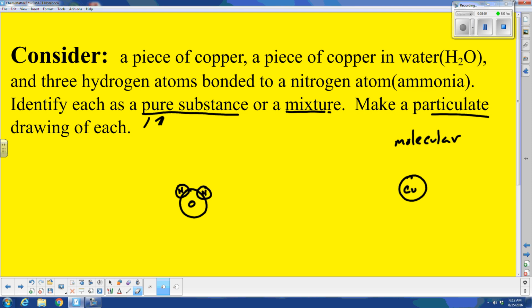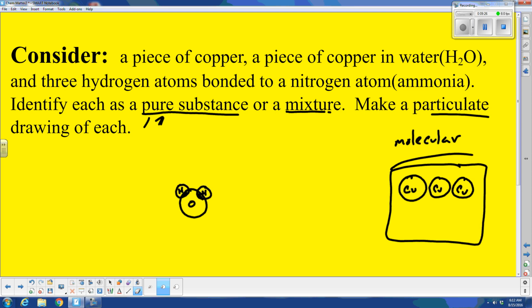So when I'm showing a molecule in which they're bonded, I show some kind of overlap, and that's really about it in terms of particulate drawings. A piece of copper just has some copper atoms next to each other, and let's put these usually in a box or in a beaker. So that would represent our piece of copper.